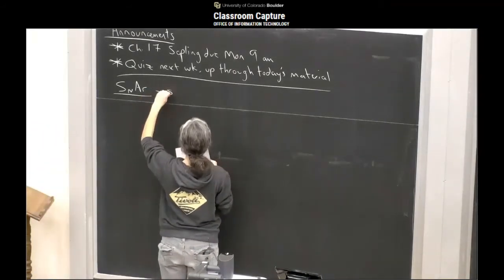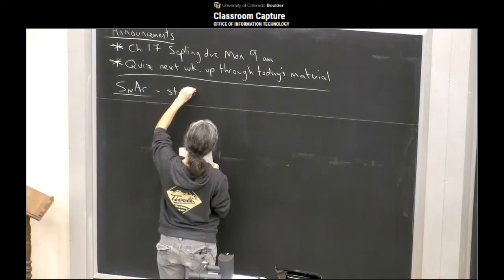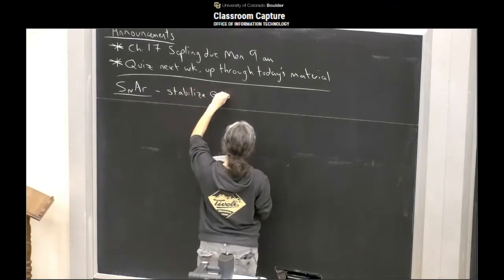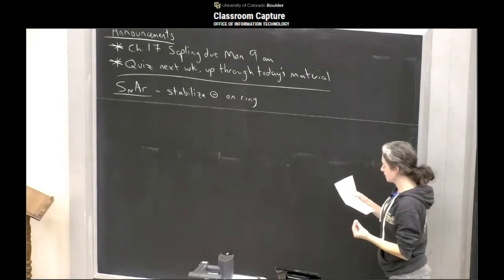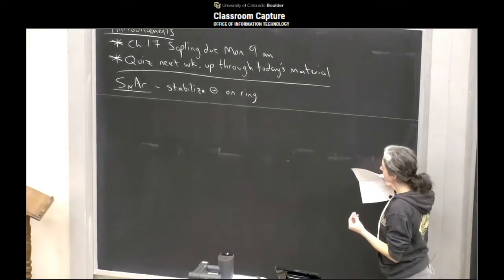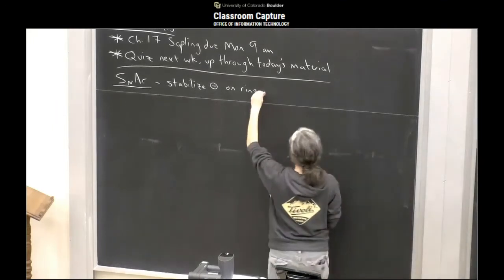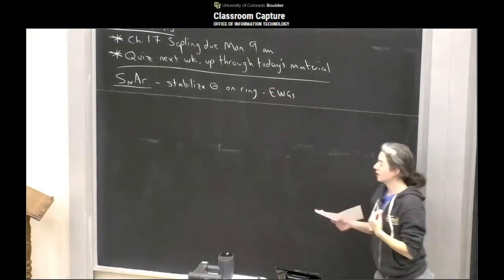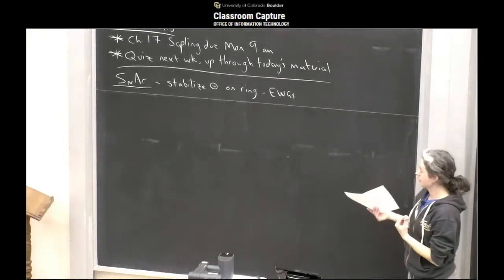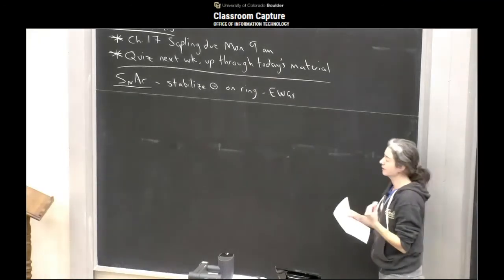So instead of a positive charge, it's a negative charge on the ring, and then everything else sort of works out as a consequence of that. We need to stabilize a negative charge on the ring during the reaction. And so that means that electron withdrawing groups are doing the total opposite of what they did a couple chapters ago when we were doing EAS.